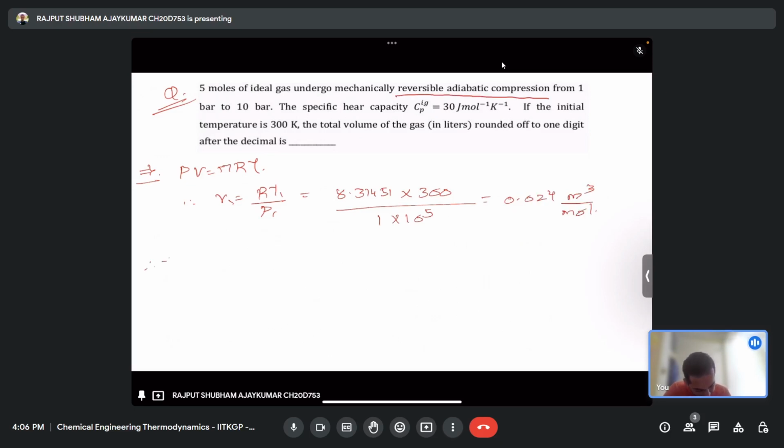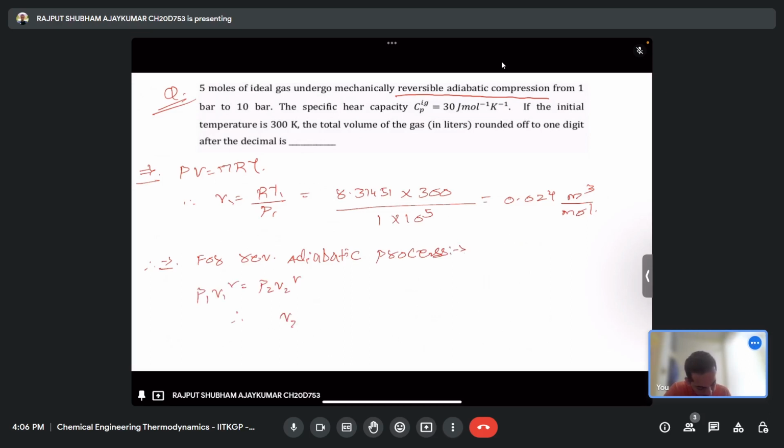Now for a reversible adiabatic compression, for a reversible adiabatic process, we have PV raised to gamma, which is P1 V1 raised to gamma equal to P2 V2 raised to gamma.